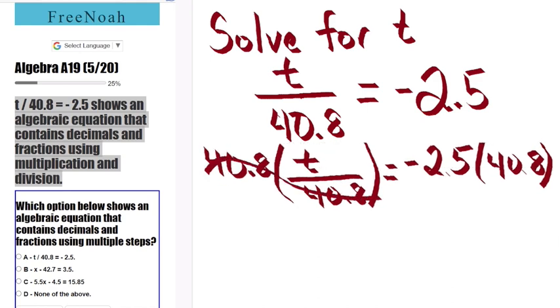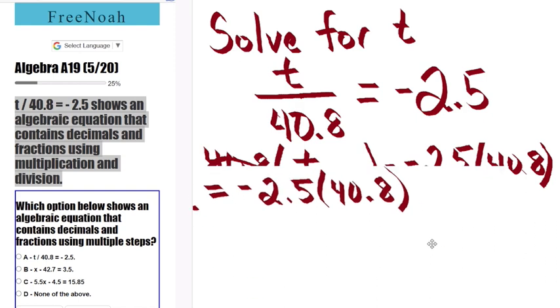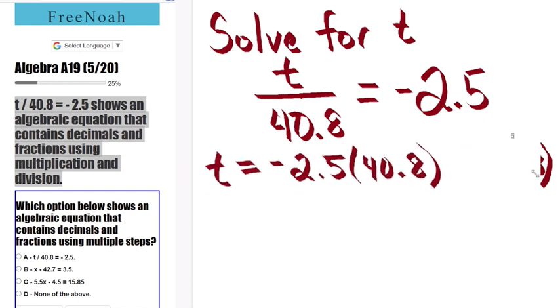So the 40 and 8/10 on the left side are going to cancel out, isolating our variable t. And if we rewrite this statement on the right side, we're left with -2 and 5/10 times 40 and 8/10. Let's clean this up here just a touch.